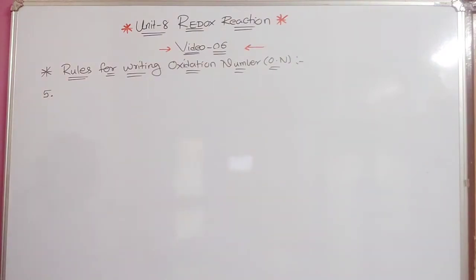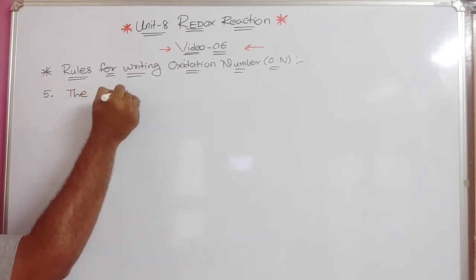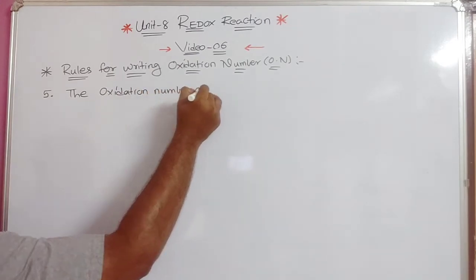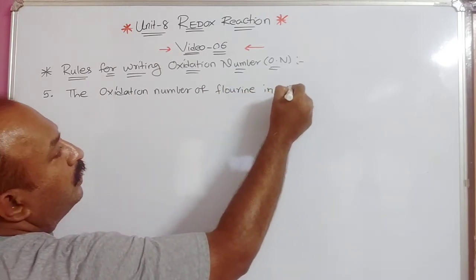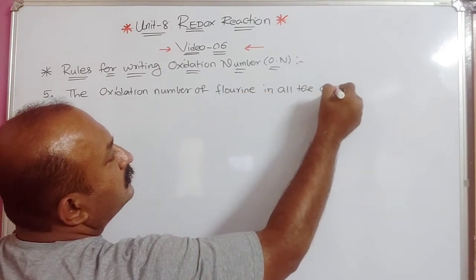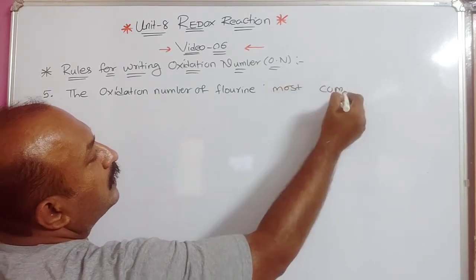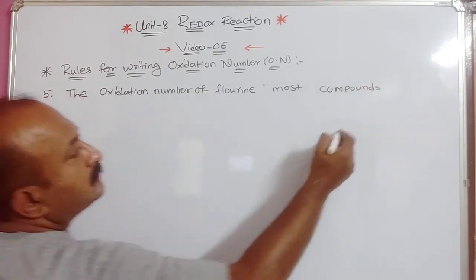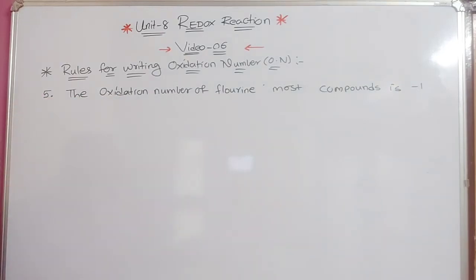The oxidation number of fluorine in all compounds is -1.